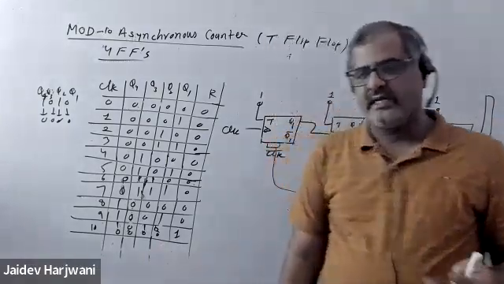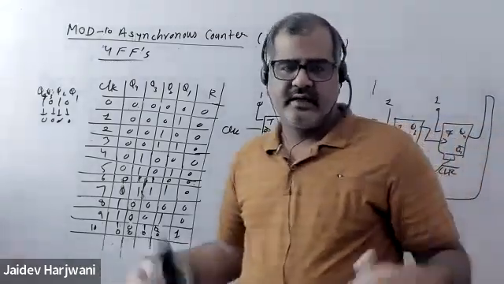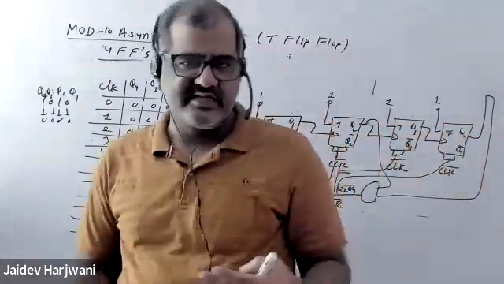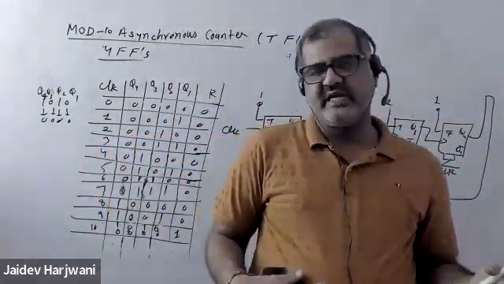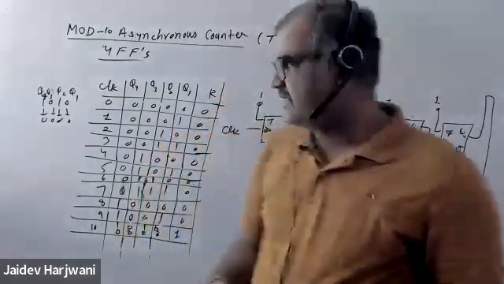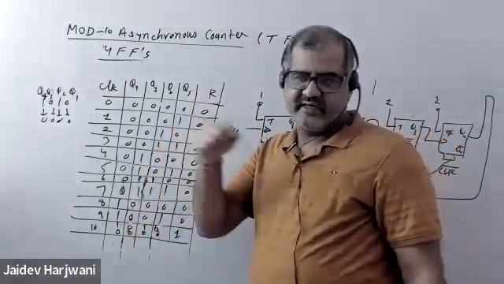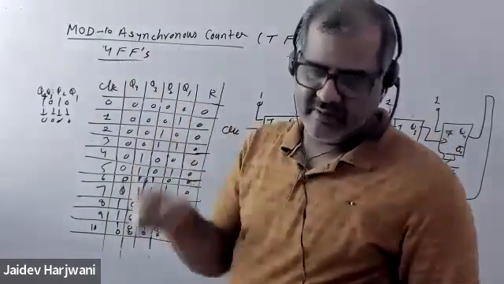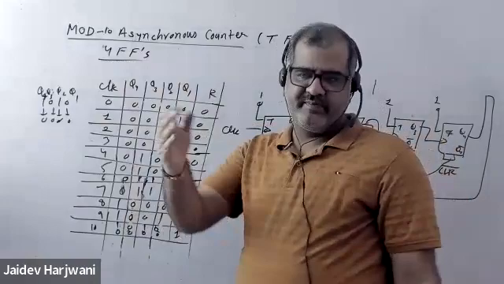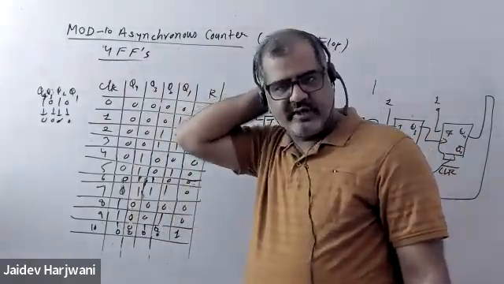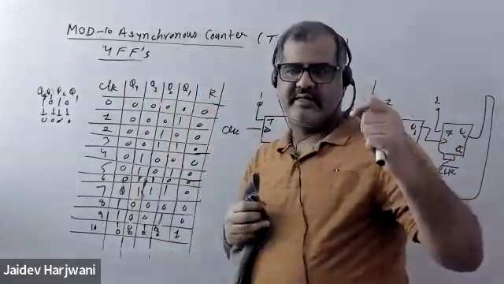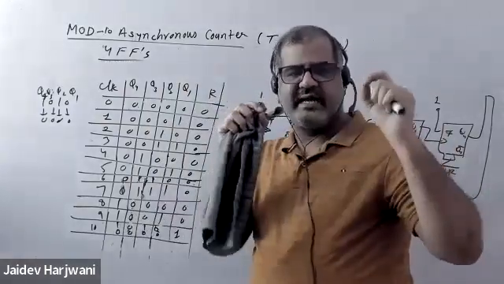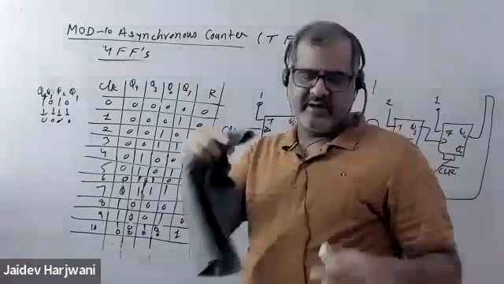Logic gates, and logic gates are fabricated by transistors or diodes, which have some capacitive effect. So as soon as you give input, the output will not come at that particular moment. Okay, the output will be delayed. Suppose you are giving an input, that output will take a little bit of time, so there will be delay between input and output.